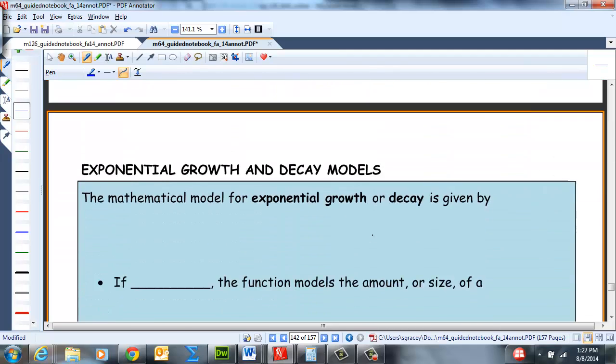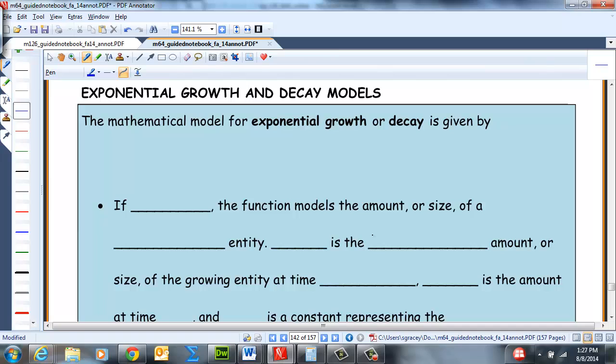Here we go. In your book, we often use f of t is equal to A0 e to the kt. Our book is using this way a lot, where they say A equals A0 e to the kt, so I'll probably use that one mostly.